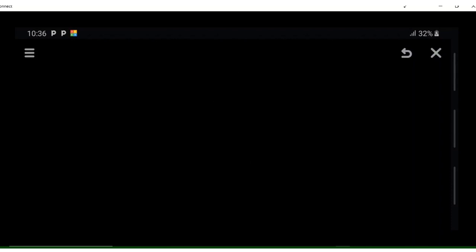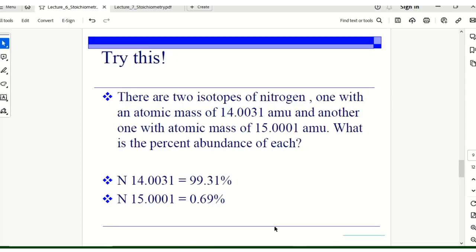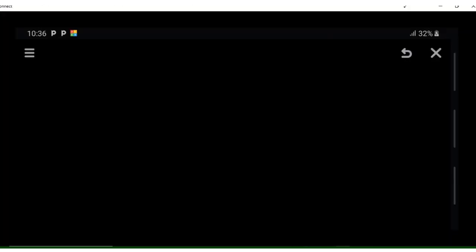So here the trick is, for the first mentioned value, 14.0031, it normally has the biggest percentage. So how do you write that one?